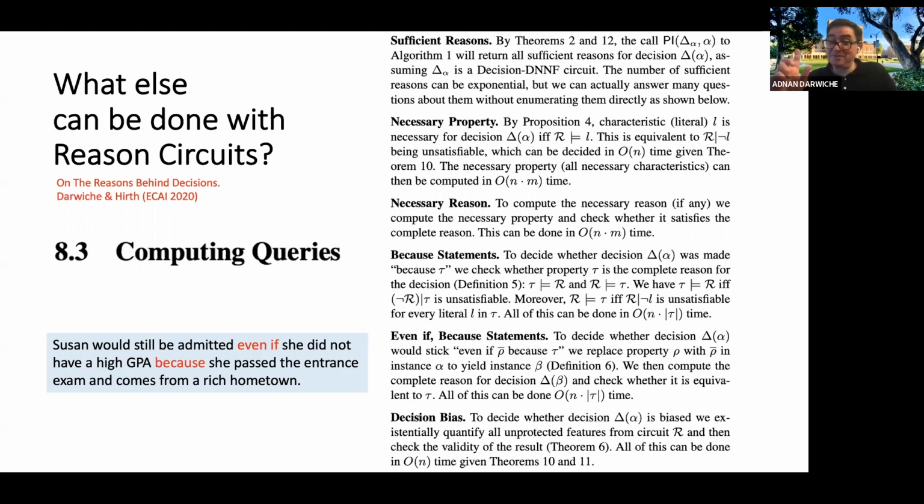It's a subtle statement about the behavior of the classifier. There are very simple semantics for these statements and how to evaluate them if you have the reason circuit of the decision. This is now like the little oracle. I give you the reason circuit, and you can say, I want to know the following about this decision and this classifier, and you can start interrogating it, and you can do a lot of these things in linear time.